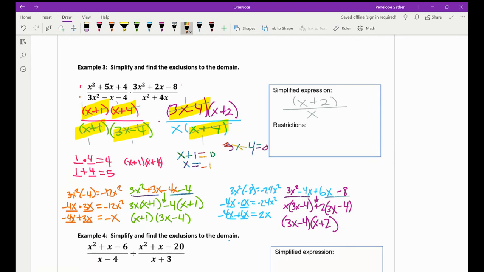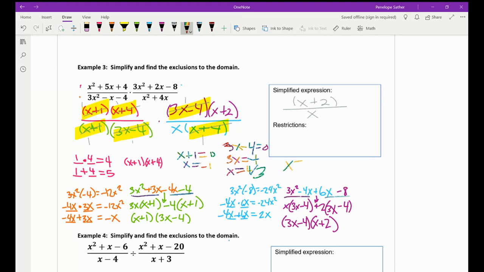So if you add 4 to both sides, 3x is going to be equal to 4. So we know that x can't be equal to 4 over 3. And then we have a couple more little pieces that we need to take a look at.